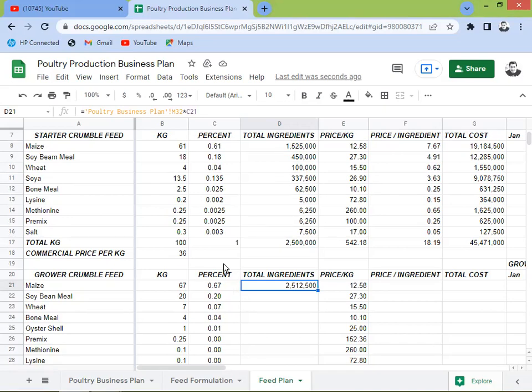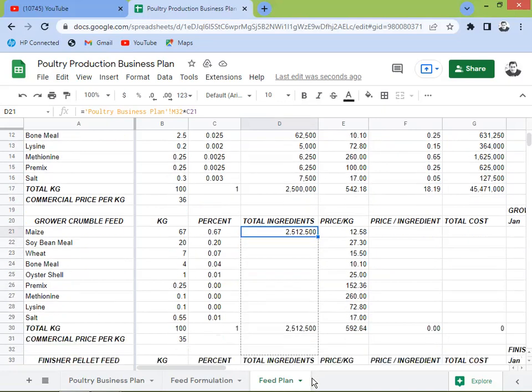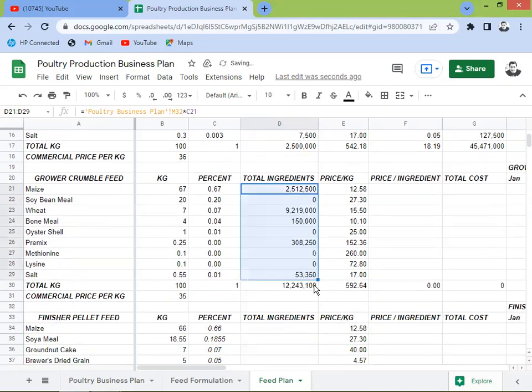In terms of total kilograms, yellow corn is more compared to the maize that we're using for the starter crumble feed. Just the same steps. What happened?